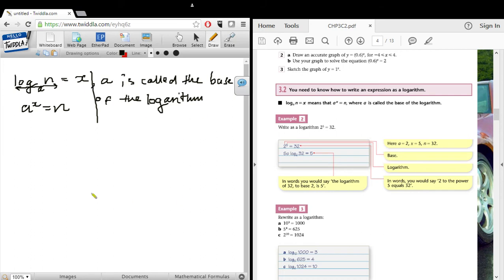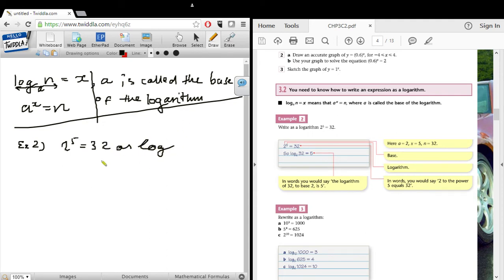Okay, and so you've got some examples here. So you've got example 2. Write 2 to the power of 5 equals 32 as a logarithm. You can see that we have a is equal to 2, 5 is equal to x, 32 is equal to n.